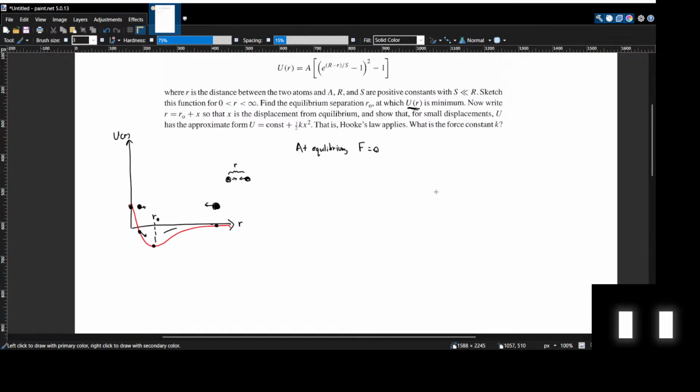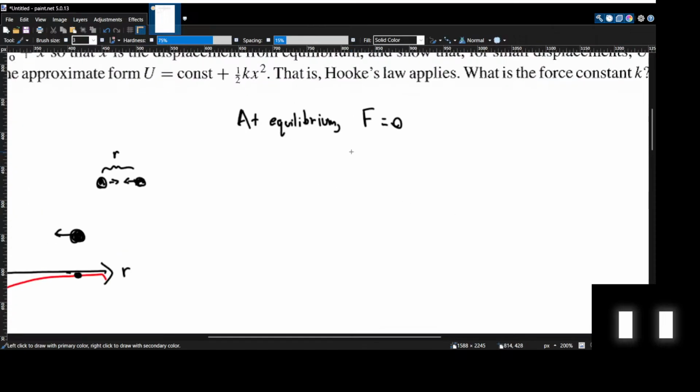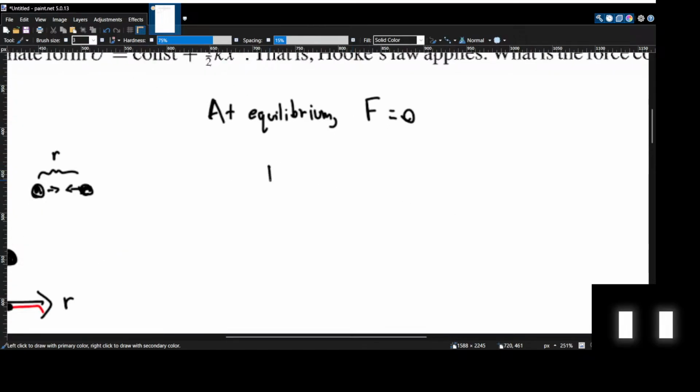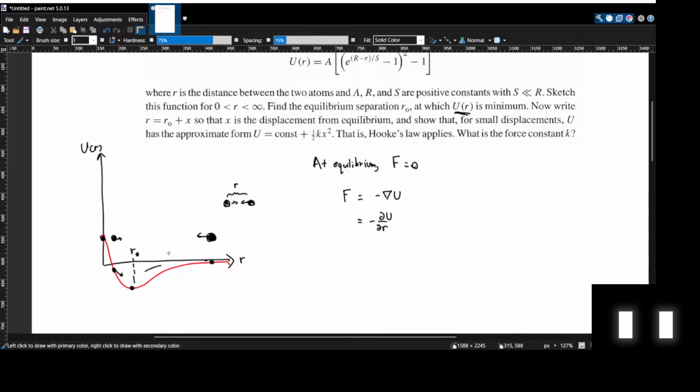Now, another thing you have to know is that a conservative force, a force that occurs due to potential energy, is equal to the negative gradient of U. In our case, it is equal to the negative partial derivative of U with respect to R, because it is spherically symmetric.